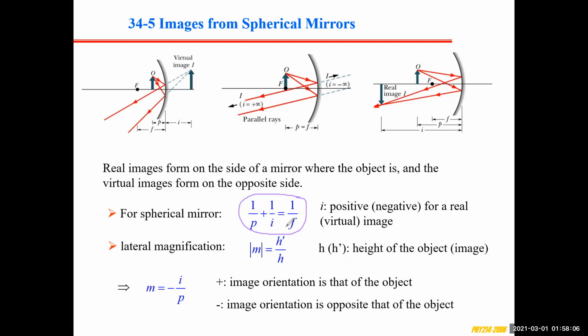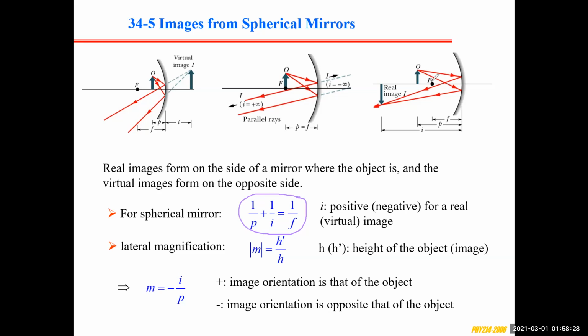And just based on this equation, you can see that, because when your P is equal to F, these two cancel, so your 1 over I is equal to 0. I has to be infinity. So no image will be formed when you have the object placed directly at the focal point.